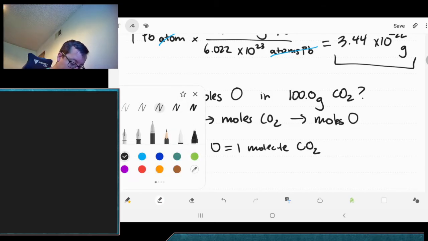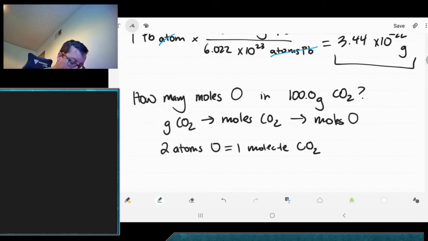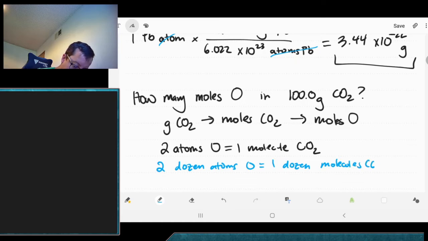We also can tell, well, why don't I just multiply this equality by something? I can say I have 2 dozen atoms of oxygen for 1 dozen carbon dioxide molecules. That's true.